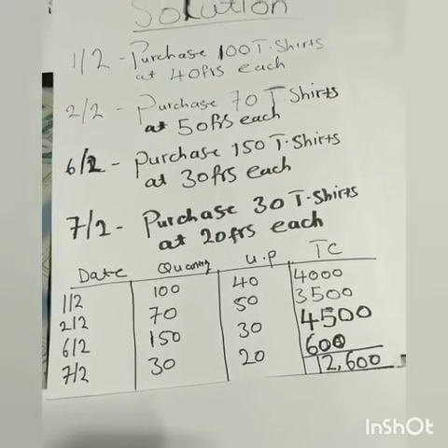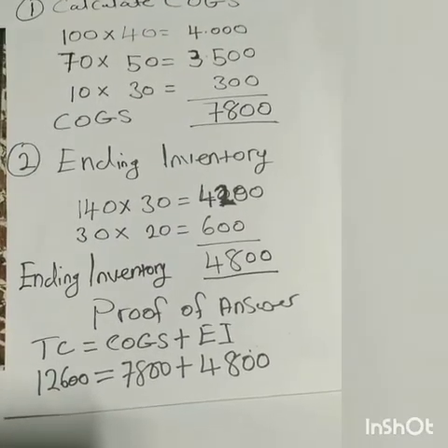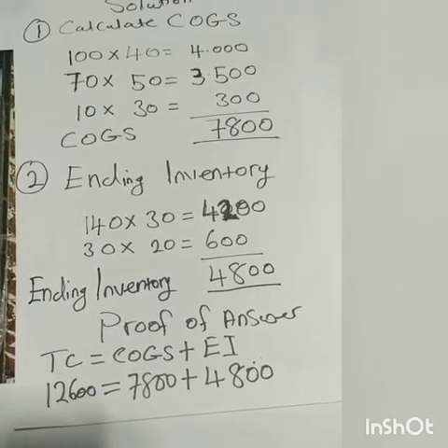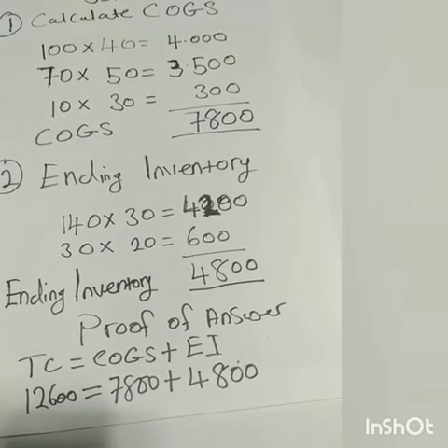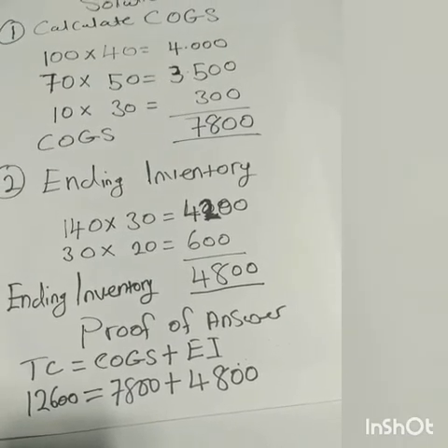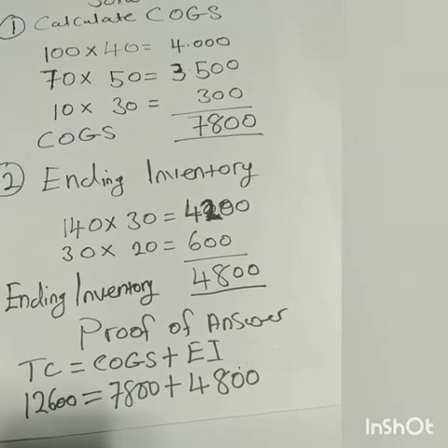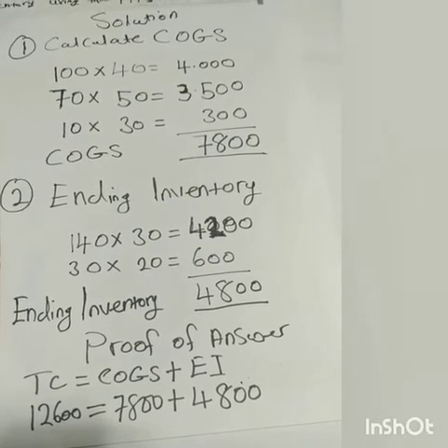If you don't know that you need to arrange these things in chronological order, you will start with the 6th of February and start selling the 150 goods rather than selling the 100 goods, which happened on the 1st of February. So that is why I insist you must put everything in chronological order before you begin.